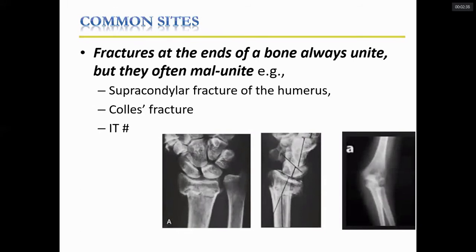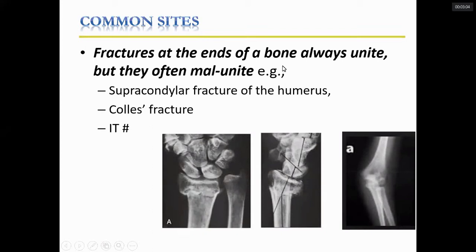So where does malunion occur? It usually occurs at the metaphyseal region. For example, a supracondylar fracture of the humerus united in a varus position, also called gunstock deformity. Similarly, a Colles fracture unites in an abnormal dorsal tilt, and also the intertrochanteric fracture. Remember the dictum: fractures at the end of the bone always unite, but they often malunite.